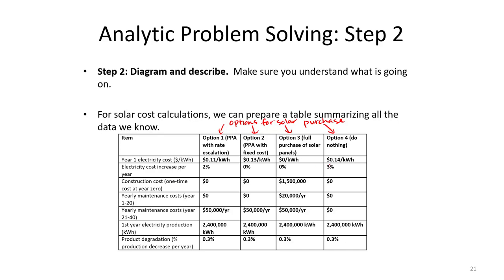And notice that we have various assumptions and data associated with each option. And in this case, we want to decide which option gives the greatest cost savings over 40 years.